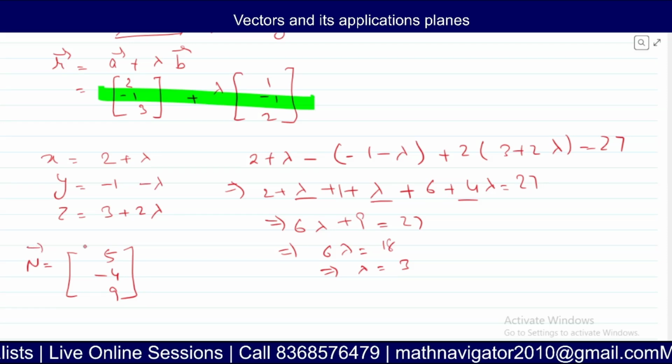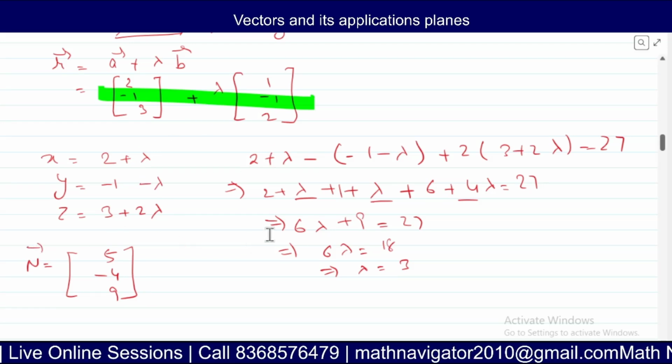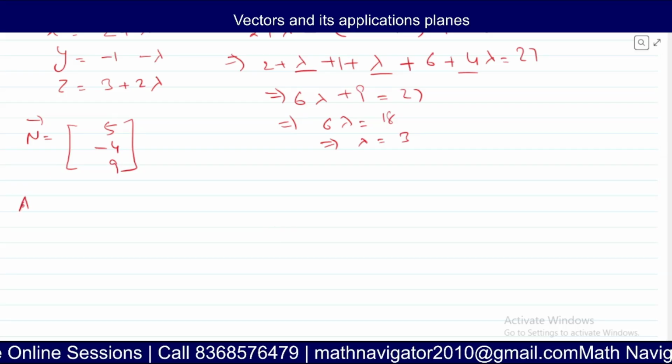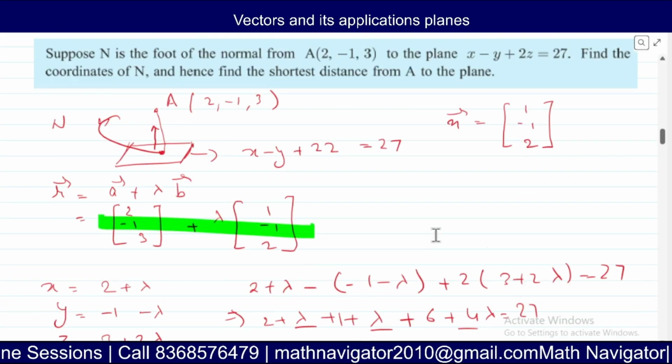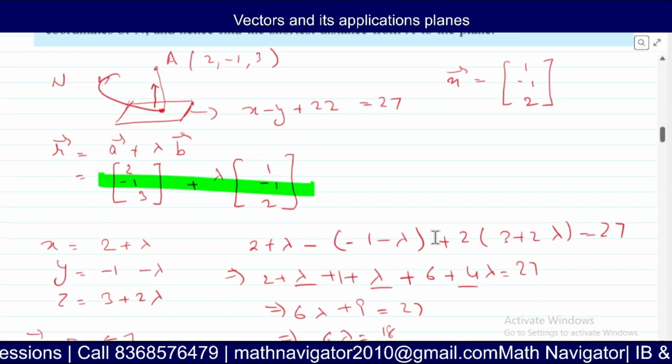Got it? Vector n is (5, -4, 9), and I have my vector A as (2, -1, 3).